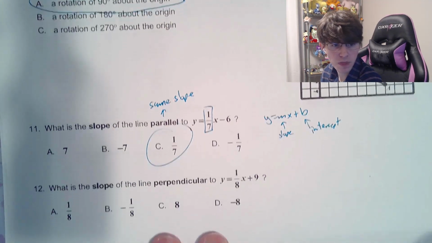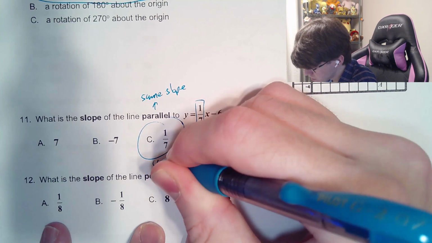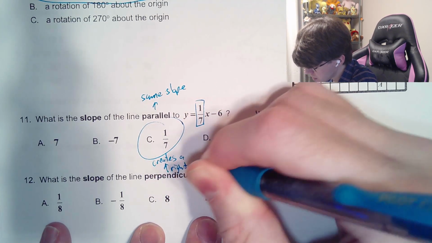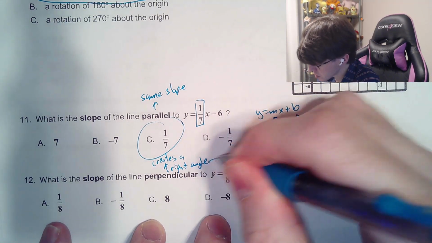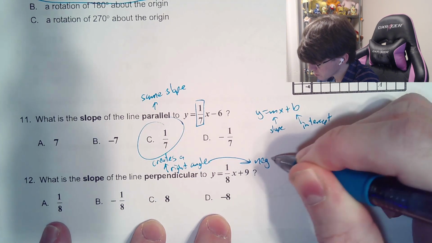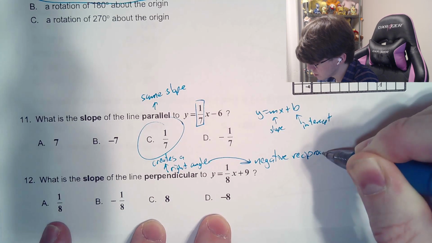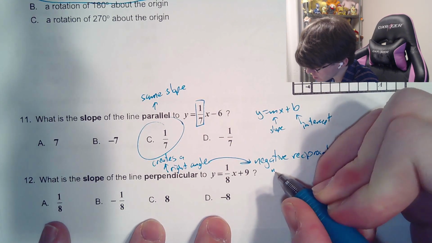That's the whole problem. Perpendicular, by the way, means creates a right angle. However, what does that mean for a slope? It means a negative reciprocal slope. Negative reciprocal. What that means, in closer English, is the negative upside down.